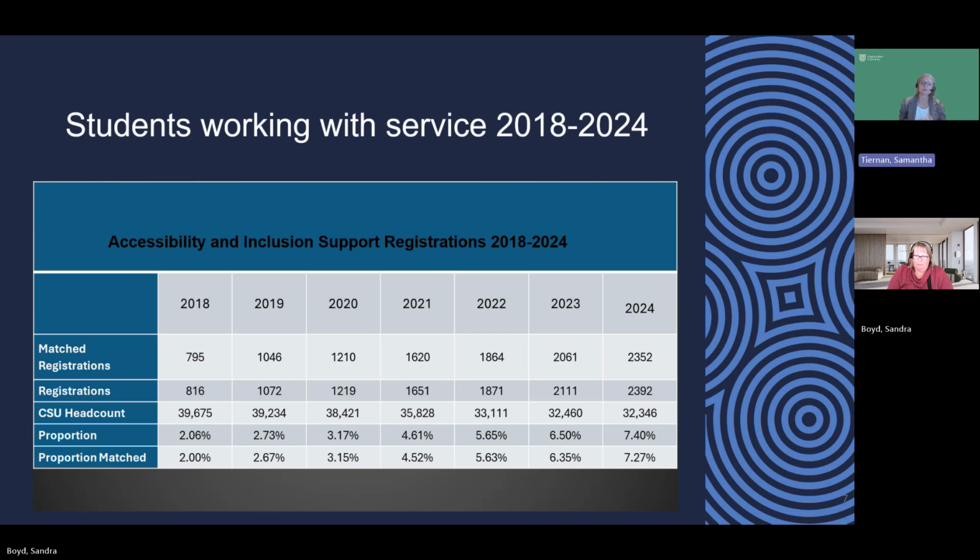And of course, as you would know as academics, there's lots of students that might be registered with us, but there are other students who choose not to register, but still are having some difficulties and having some impact of conditions on the way that they study. And the stats are probably 1 in every 5 students that is sitting in front of you would fit into that category, and only a certain percentage of them register with us, but those are the percentages of those who have. Thanks, Sandy.